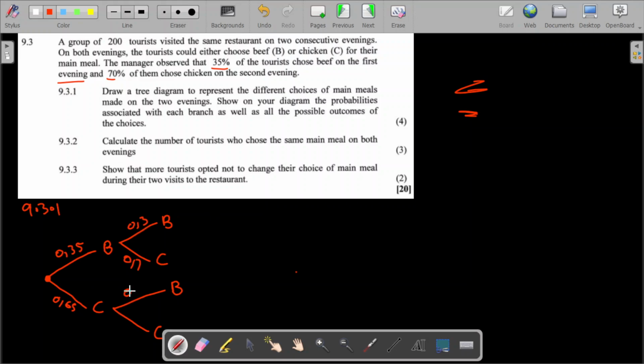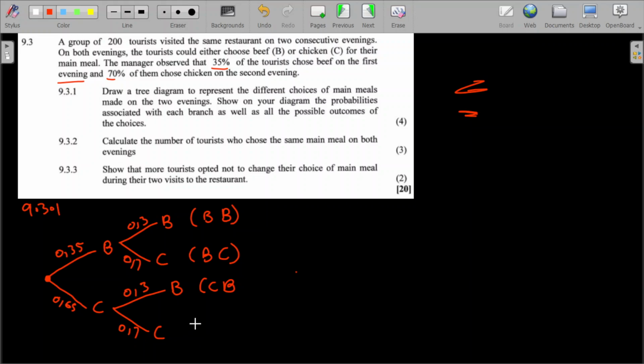Same thing here, it's just going to be 0.3 and then 0.7. So from here, these are beef and beef, this is beef and chicken, this is chicken and beef, and then here is chicken and chicken. So this is my tree diagram there.